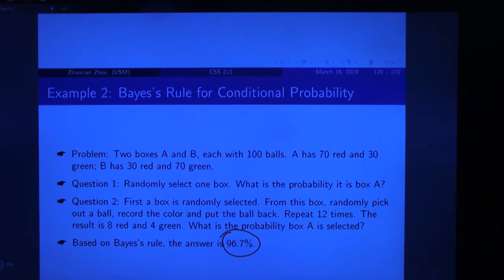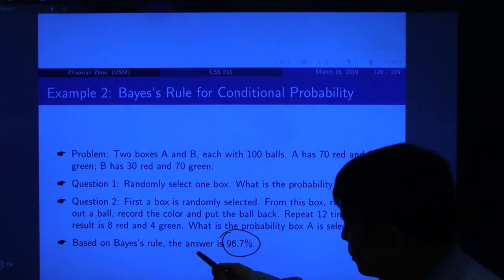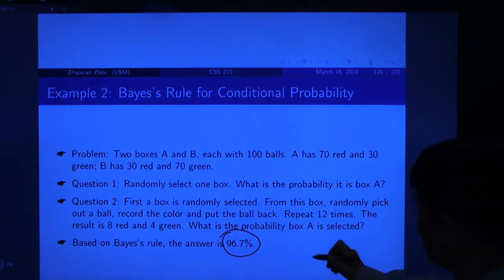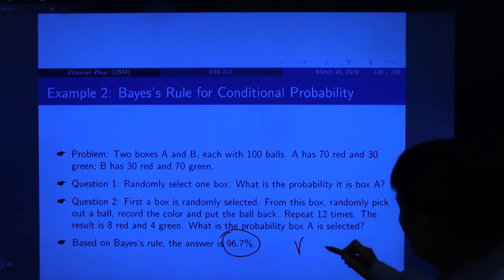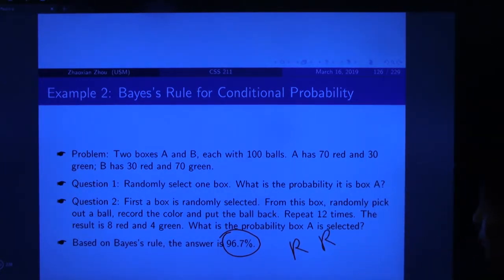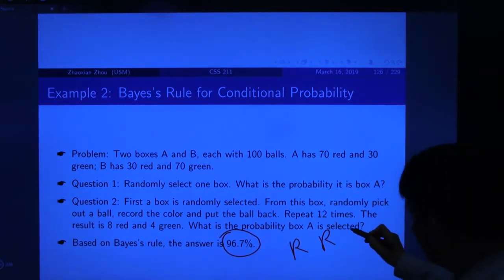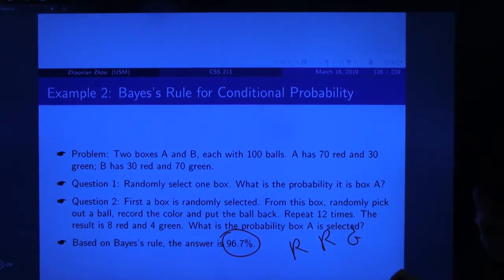So what can we learn from here? When you first pick up a ball, you may say, okay, the first one may be a red. The second one may be a red. Okay, this is more likely to be box A. Now you get a green, and now you have another red.